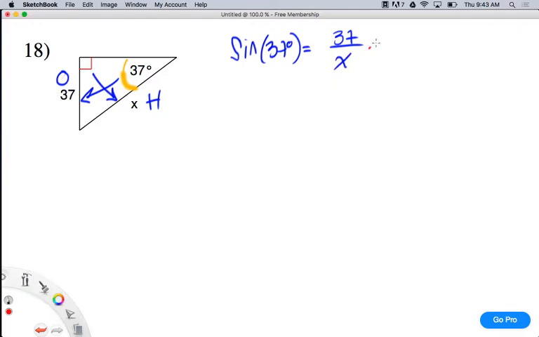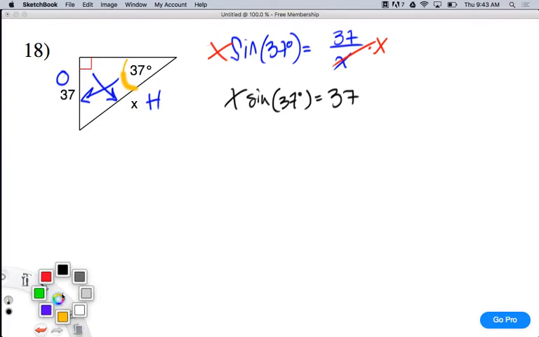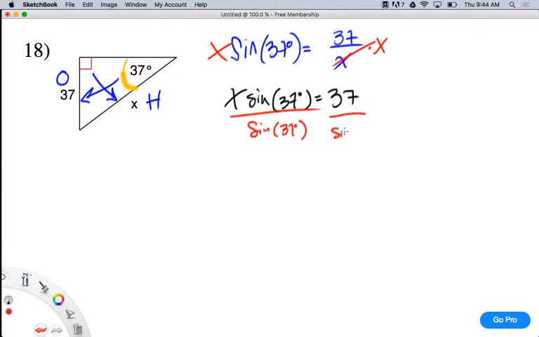Again, we have x on the bottom, so we multiply both sides by x. We get x sine of 37 degrees equals 37. Divide both sides by sine of 37, and we get x equals 37 over sine of 37 degrees.